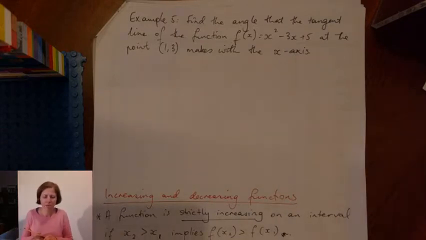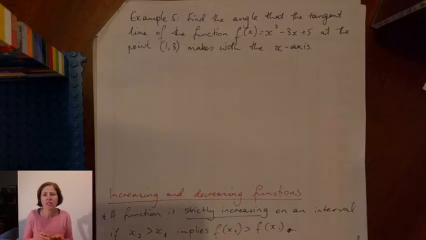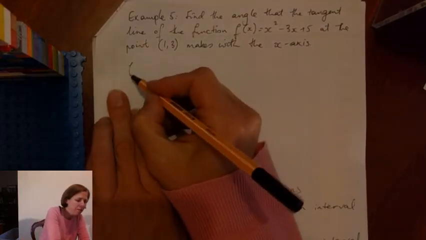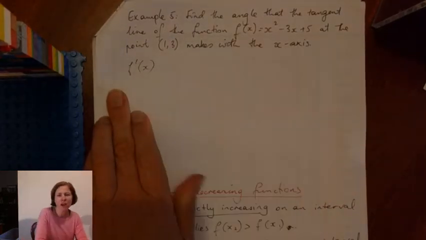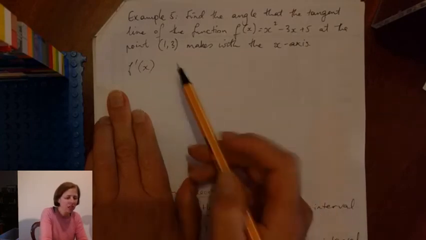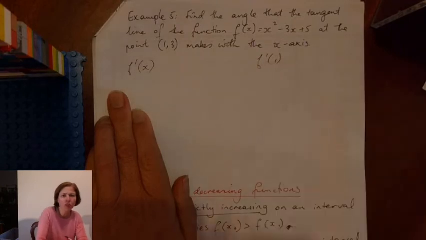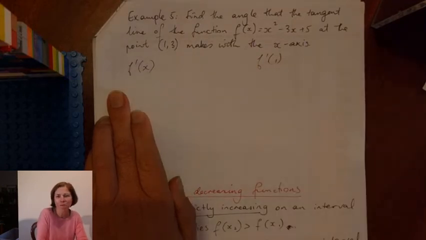I'm looking for the tangent line. I need the gradient of the tangent line, and that's given to me by the derivative. So I need to find f dash of x, and eventually I'm going to need f dash of 1. I need to know what the gradient is when x equals 1.